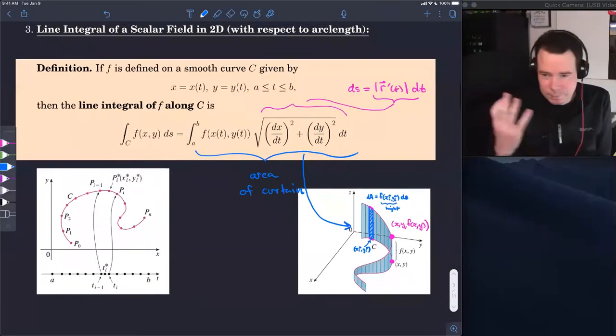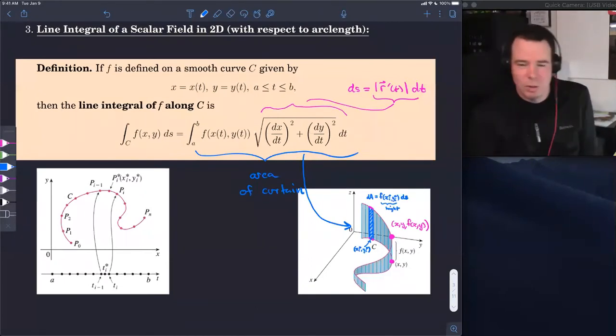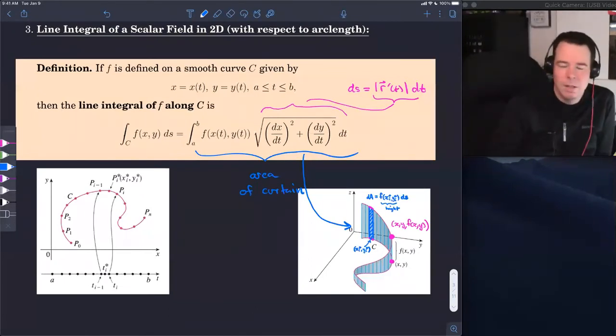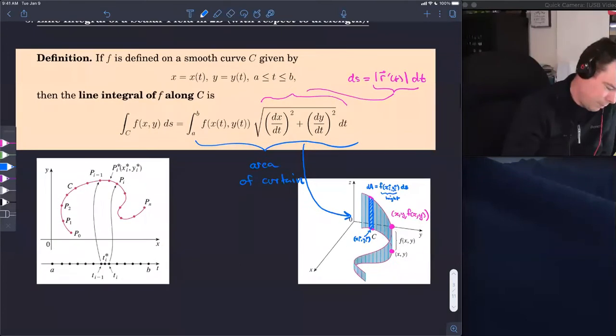If I've got a curve and I know its density, so I imagine C is like some rod that's bent in this shape, and I know its density at every x, y value along the length of the rod, then integrating the density with respect to the arc length is going to give its mass, for example. So there are many ways to interpret these things depending on the physical context. But in the absence of context, we're going to think of this as the area of this curtain.